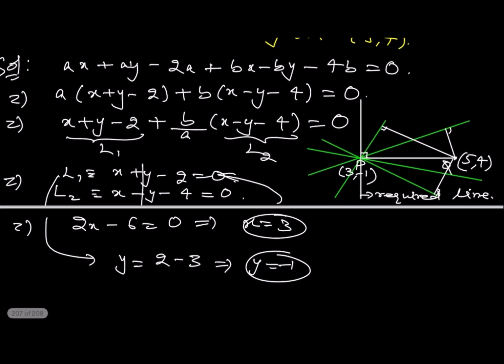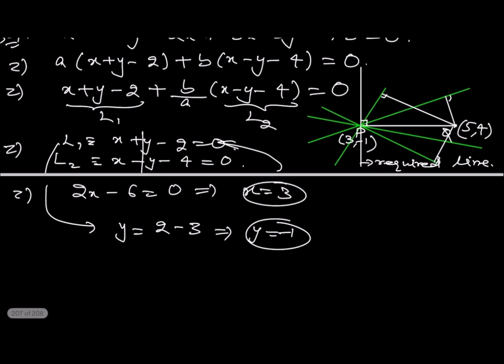So how can we find the equation of the required line? See, we need a slope and a point through which the line is passing. The slope can be found from PQ because PQ is perpendicular to the required line. The slope of PQ is nothing but 4 plus 1 upon 5 minus 3, which is 5 by 2.